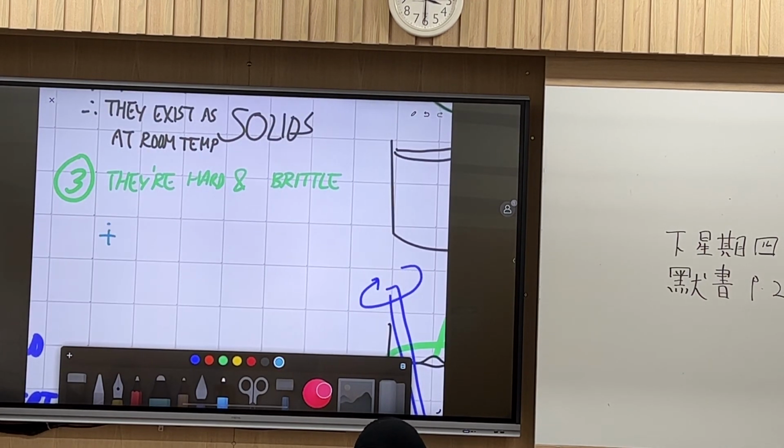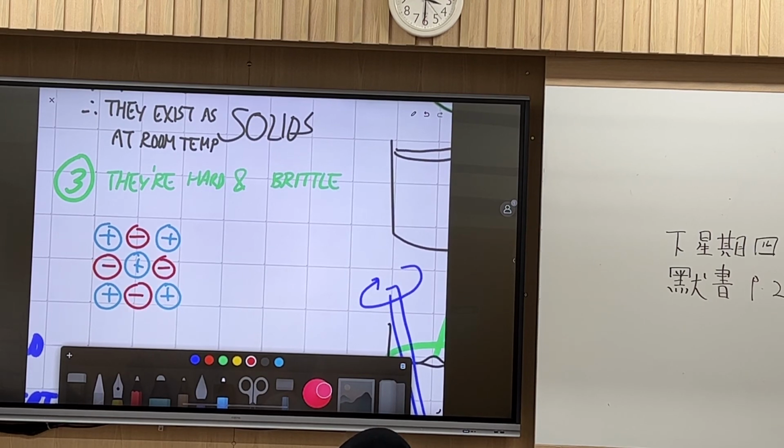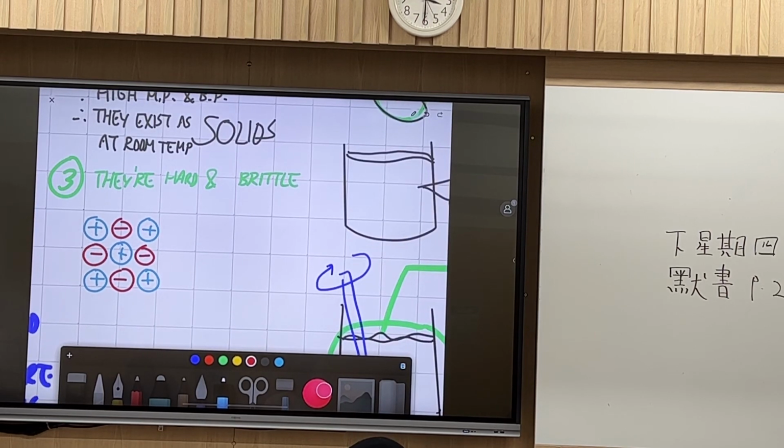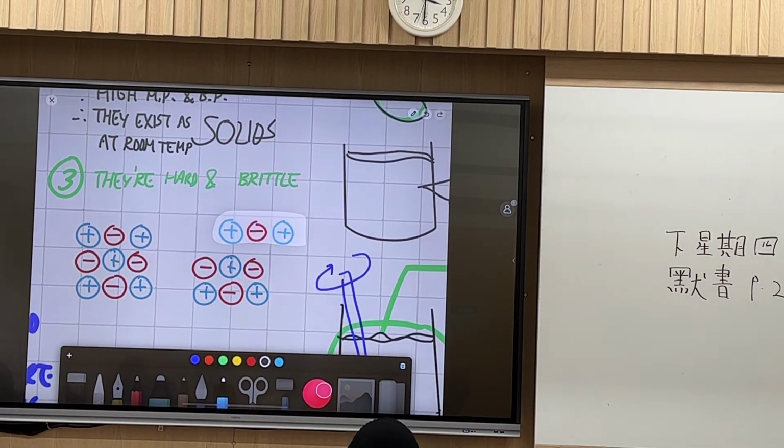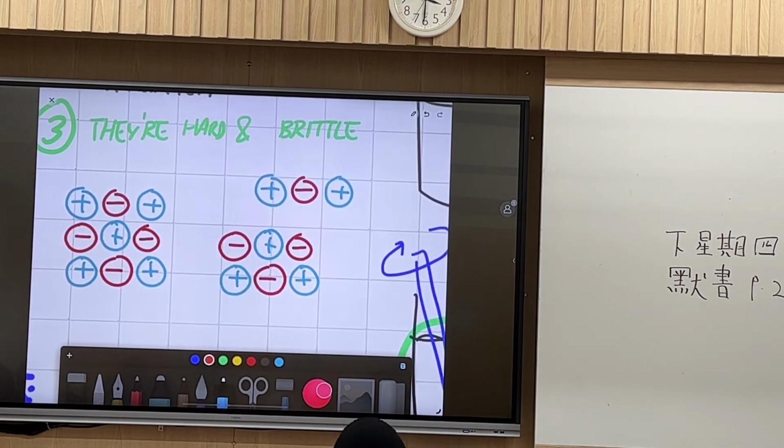That's because at the beginning, the layer of ions, remember we call this a lattice of ions, you see oppositely charged ions next to one another. When you apply a force, you are moving one layer relative to the other. Can you tell me what happens now?